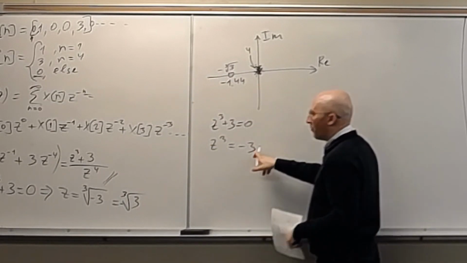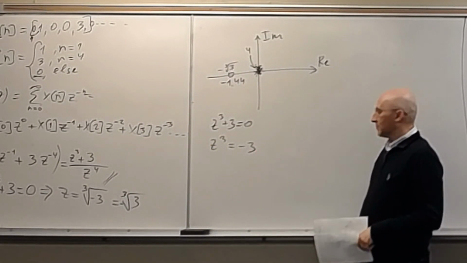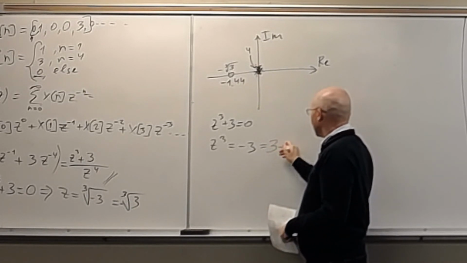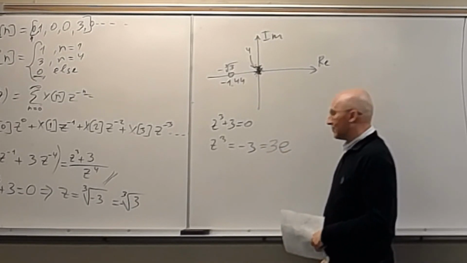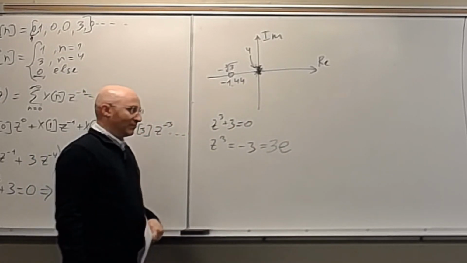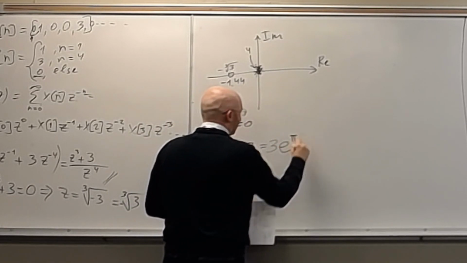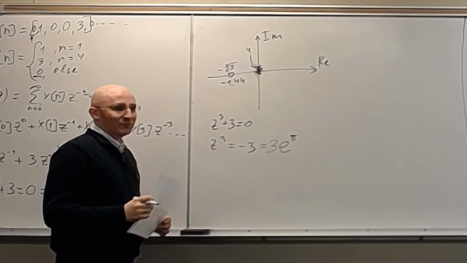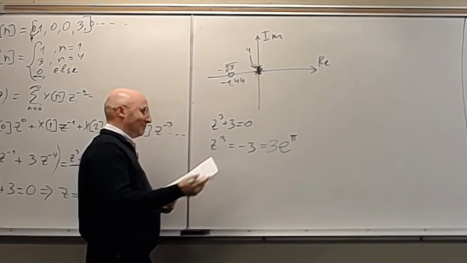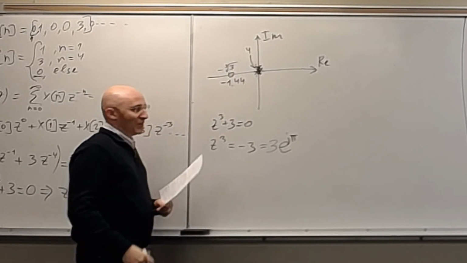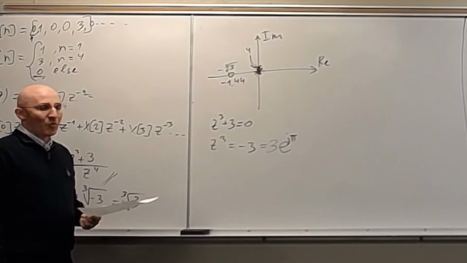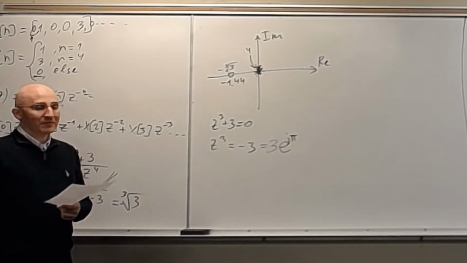What is minus 3 in polar coordinates? 3 at angle pi, 3 e to the j pi. Is that the only way to get that minus 3 number?